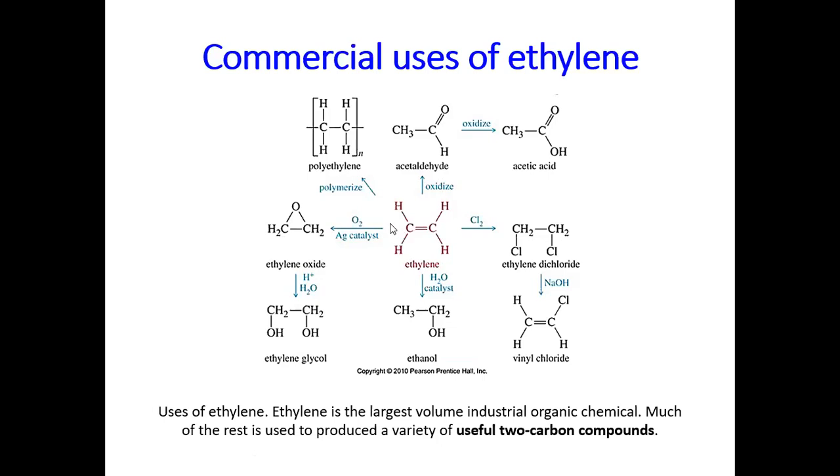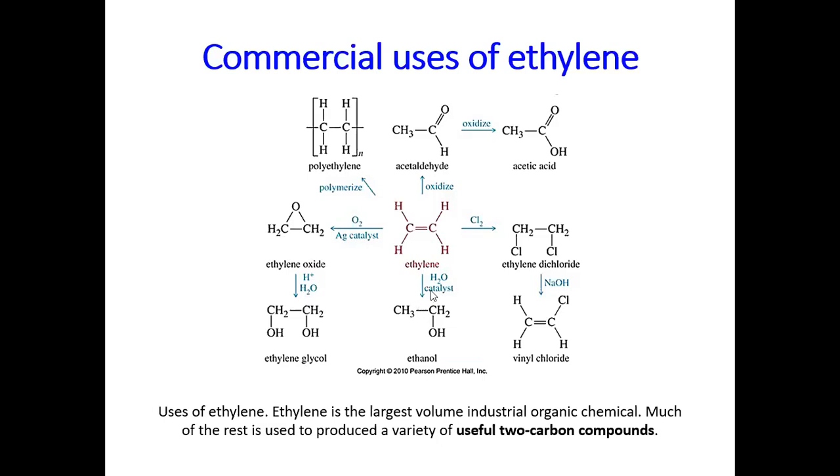On the right-hand side, if it's polymerized, it becomes polyethylene. On the left below, if you add oxygen with silver as a catalyst, it produces ethylene oxide. And if it's further reacted with water, it becomes ethylene glycol, right?